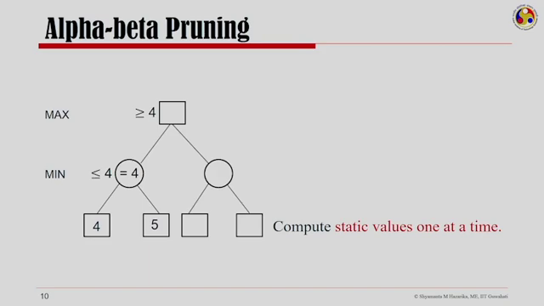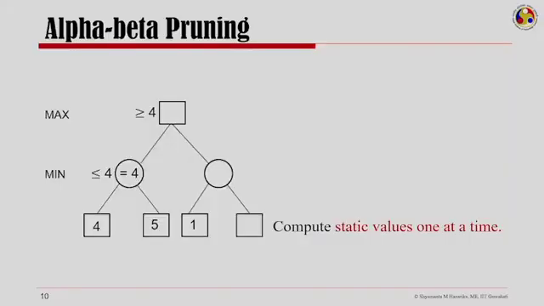Now one level up, when we want to back up, we realize that if Max had taken this path, he would have been at least guaranteed 4. That means at this point Max can have values which are greater than or equal to 4.